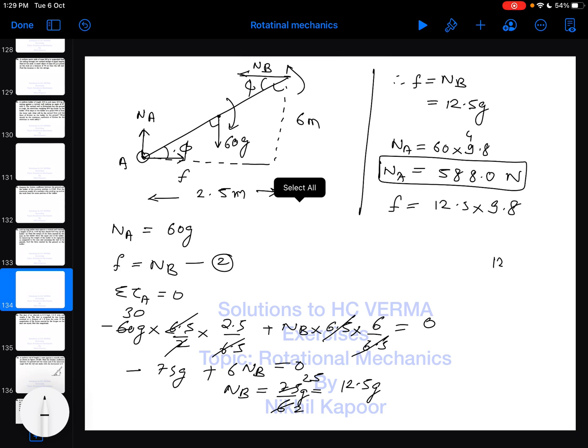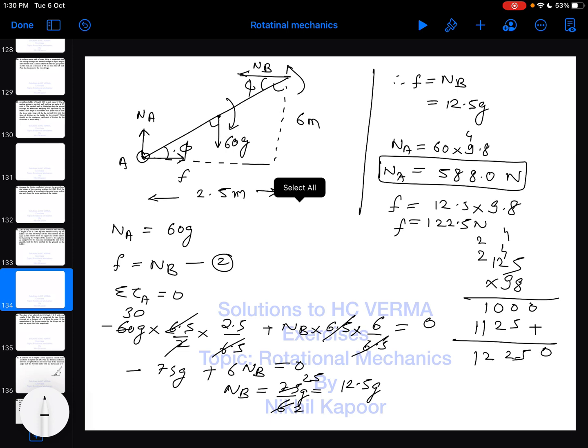So we need to do it in the rough work. 125 into 9.8, and I will put the decimal point afterward. 8 5s are 40, 0, 4 carry, 8 2s are 16 plus 4 will be 20, 0, 2 carry, 8 1s are 8, 0, plus 9 5s are 45, 4 carry, 9 2s are 18 plus 4 is 22, 2 carry, 9 1s are 9 plus 2 will be 11. Decimal point after 2 digits. So that comes out to be 122.5 Newton.